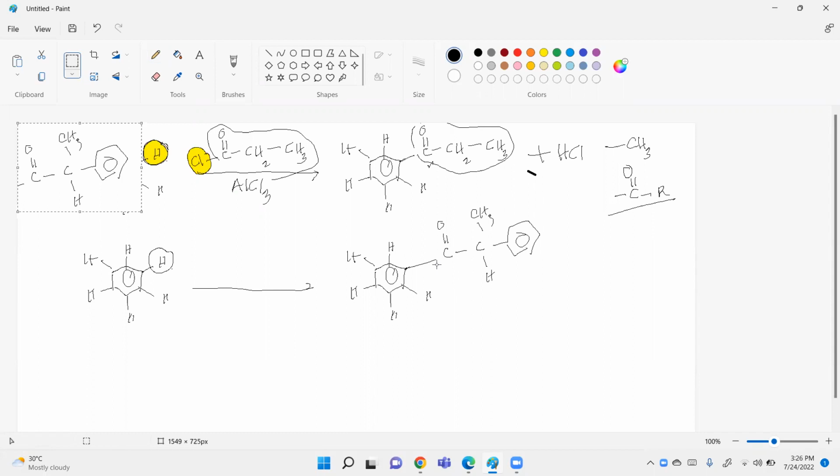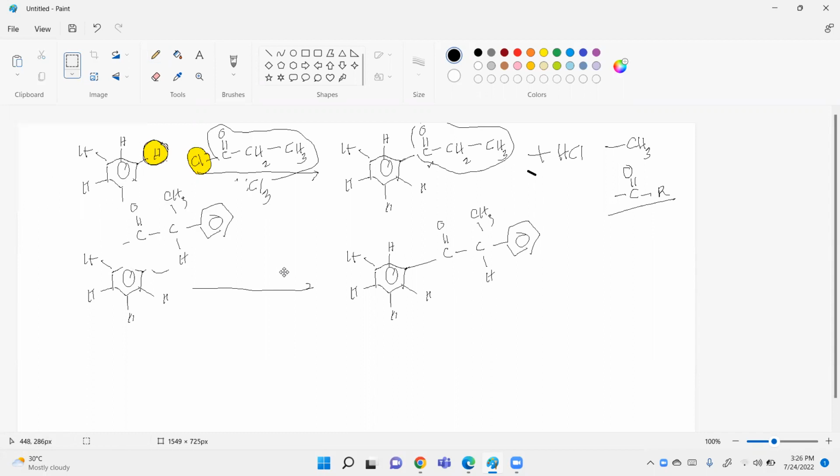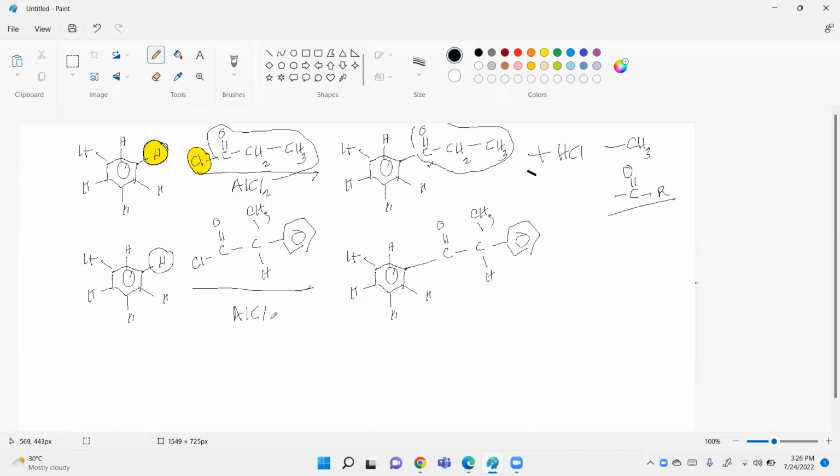The reagent which is reacting over here has a chlorine atom attached to the carbon, which is making a bond with the benzene ring in this manner. AlCl3. It's a very, very simple reaction. Of course, heat is needed. I didn't write this earlier. Heat. This is how acylation reaction occurs.